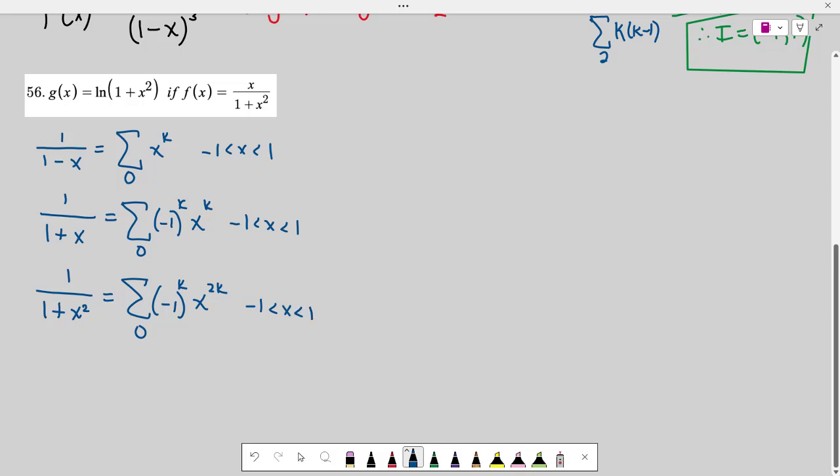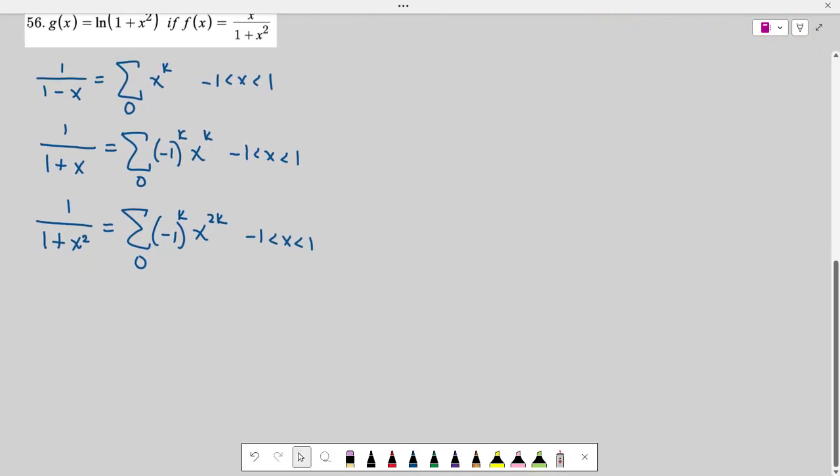So now that's where we're at for F. What's the last step? We're almost there. Multiply by x. And does multiplication by x change anything in terms of the interval of convergence? No. So now we multiply by x.